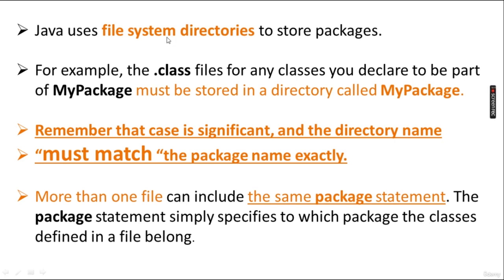So when you open those packages in a D drive or E drive or any particular drive in your computer, you will find folders inside folders to find out which packages contain which classes. For example, the .class files for any classes you declare to be part of mypackage must be stored in a directory called mypackage.